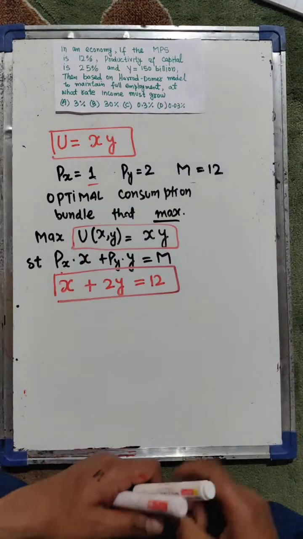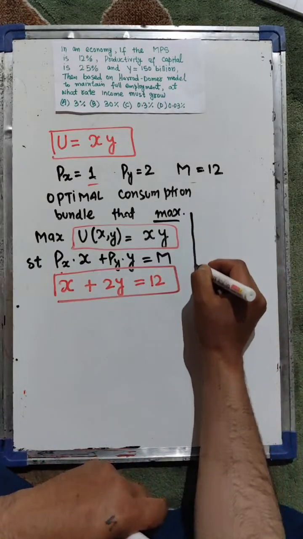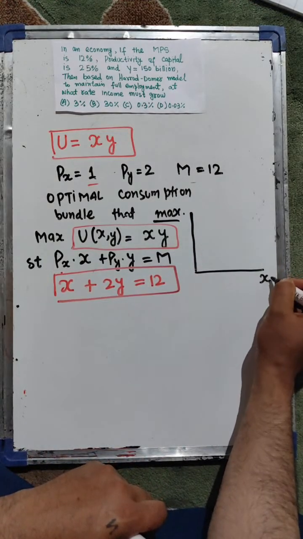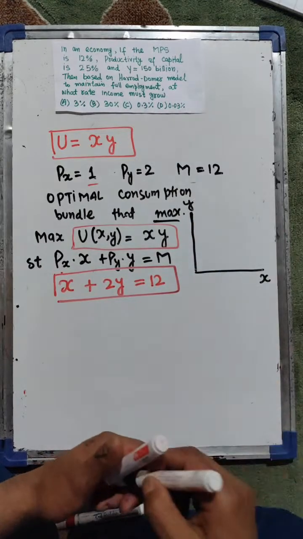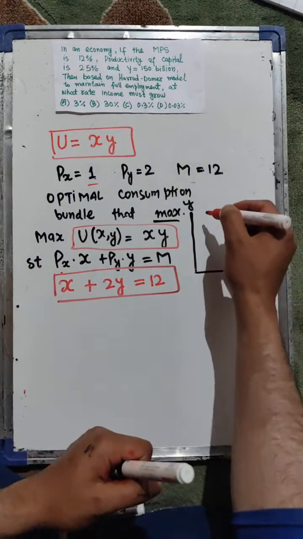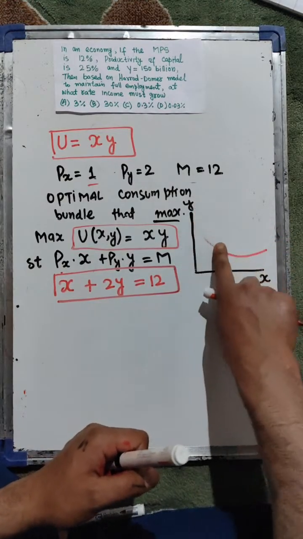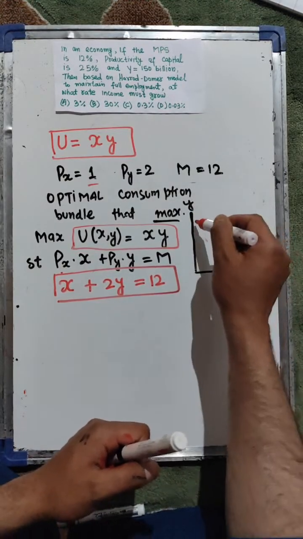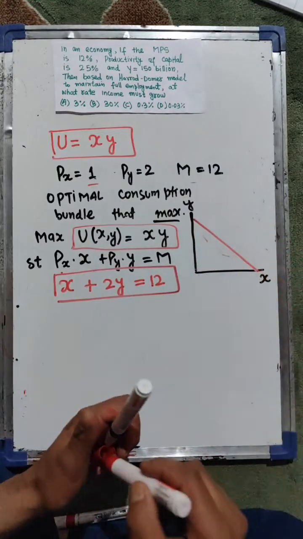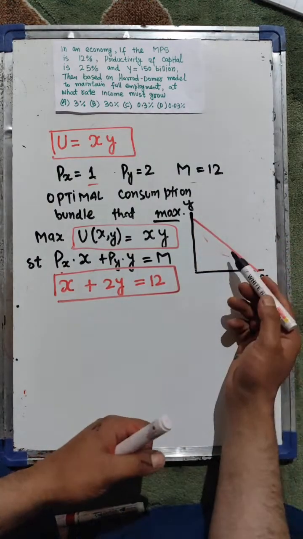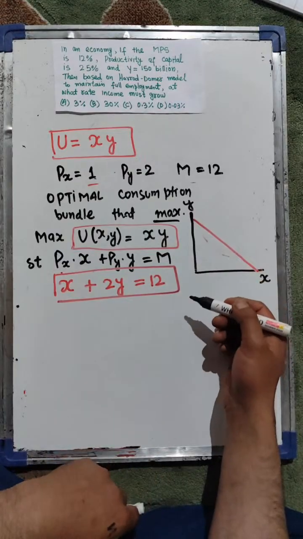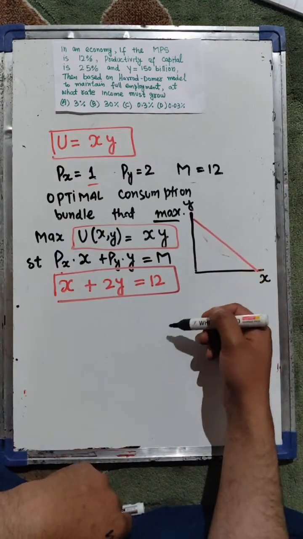So we want to maximize the utility of the consumer subject to the constraint that he is facing. Okay, so if we take a simple graph here, we have good x on the horizontal axis, good y on the vertical axis. With the given budget, we have this budget line. With the given budget, the consumer endeavors to maximize his satisfaction, his utility.